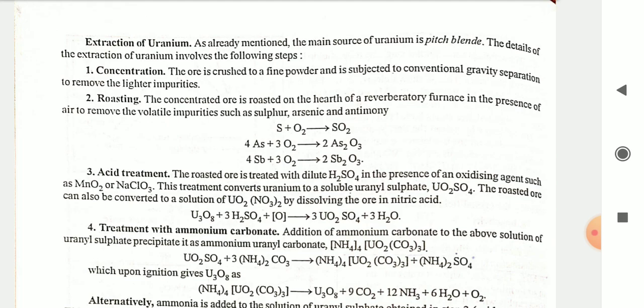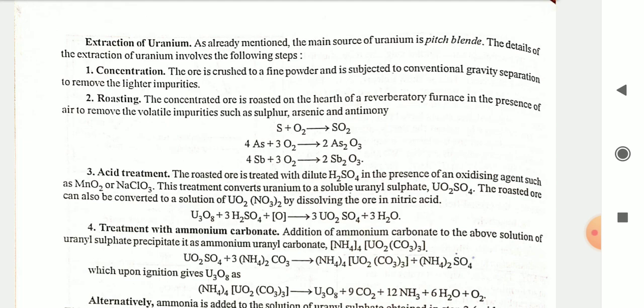Fourth, treatment with ammonium carbonate. Addition of ammonium carbonate to the above solution of uranyl sulfate precipitates it as ammonium uranyl carbonate, (NH4)4[UO2(CO3)3].